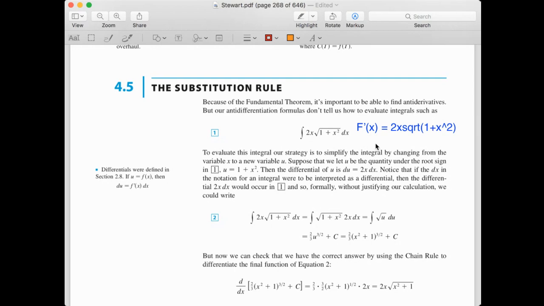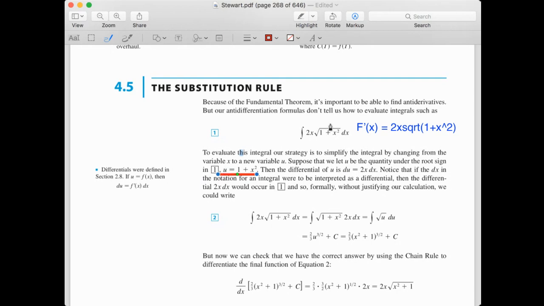But another way is to use substitution. I have 2x, and I have square root of 1 plus x squared. Maybe I'll use u substitution. So we let u be 1 plus x squared, the expression under the square root.